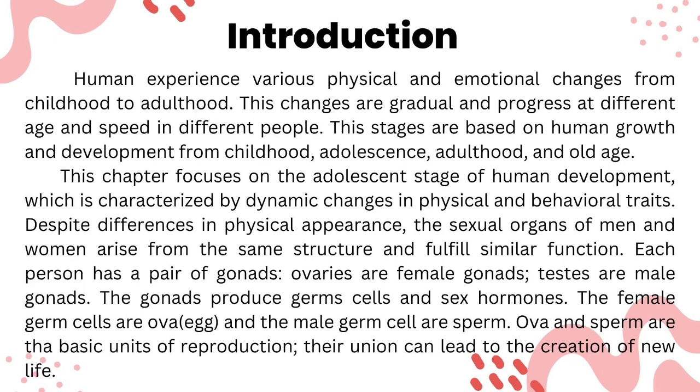The female germ cells are ova, another term for egg, and the male germ cells are sperm. Once na nagsama yung ova and sperm, it can lead to the creation of new life, kasi ova and sperm are the basic units of reproduction.